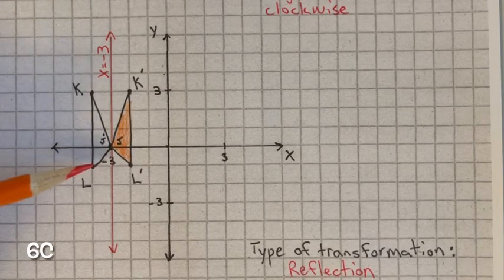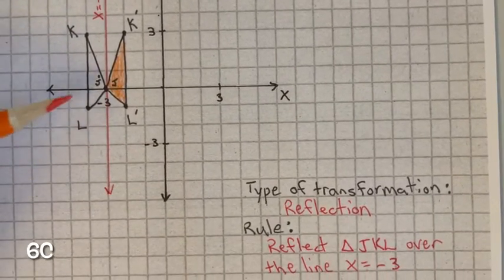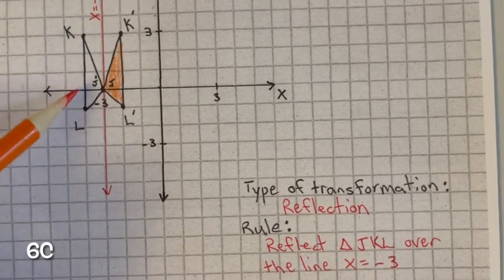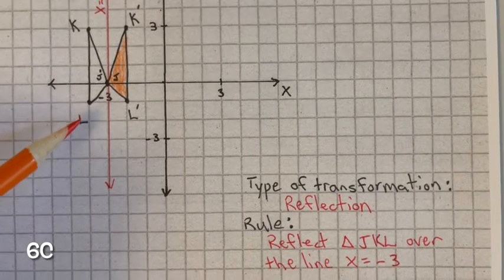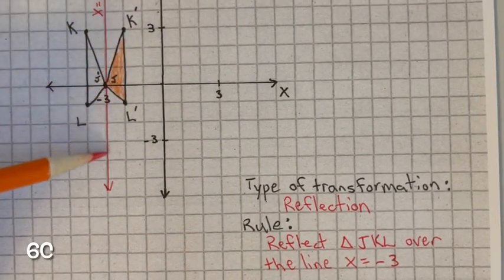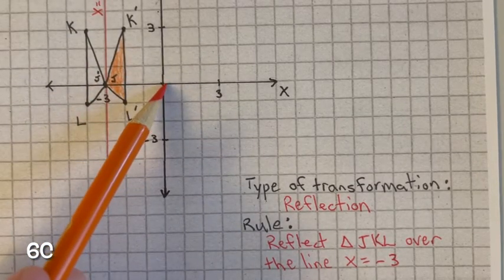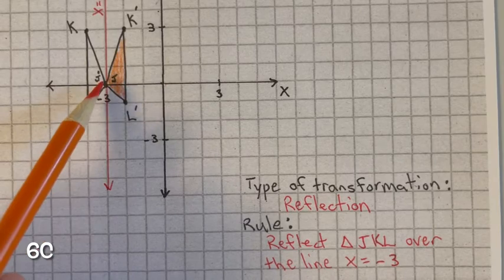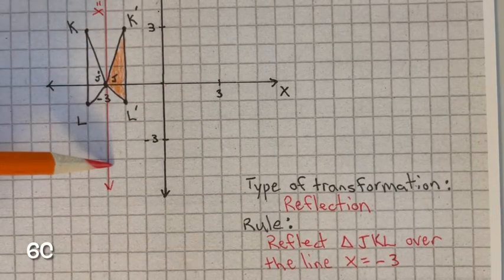So the rule for this would be to reflect triangle JKL over the line x equals -3. And this line here represents x equals -3 on the x-axis, -1, -2, -3. So this whole line represents x equals -3.